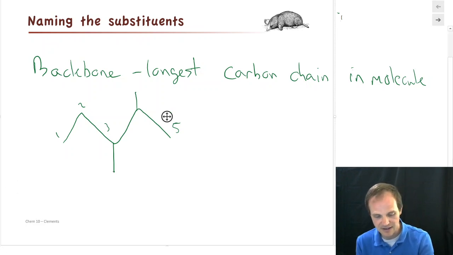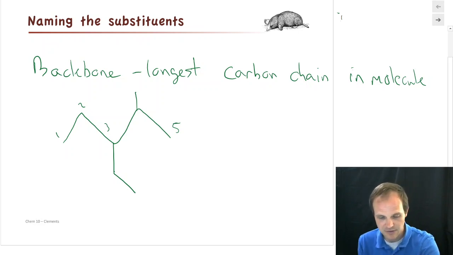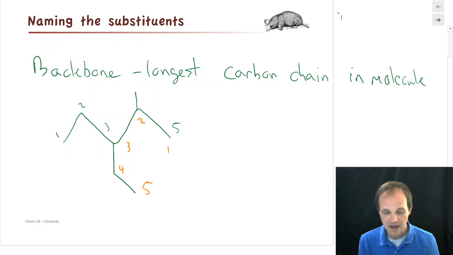In fact, I could even add another thing on there. And I've added carbons now, and I have 8 carbons, but still my backbone is pentane, because even if I went in a different direction, let me do this in a different color, 1, 2, 3, 4, and 5, I can do 5 in a different direction, but 5 is still my longest, and so pentane is still my backbone.